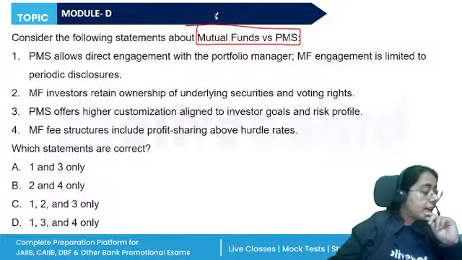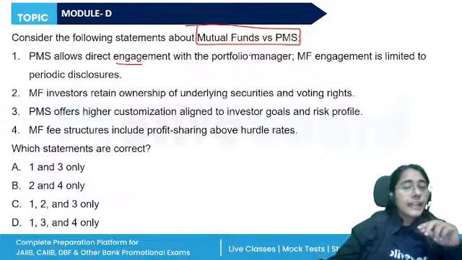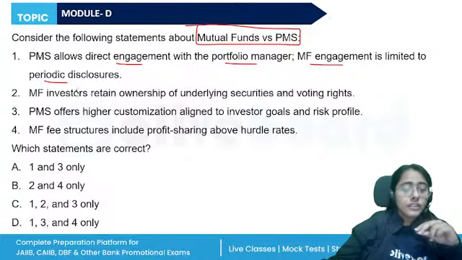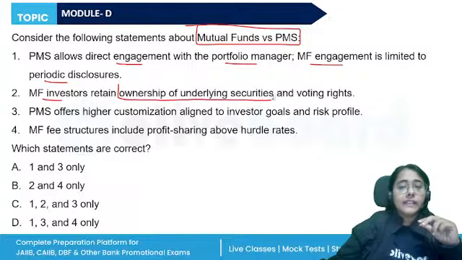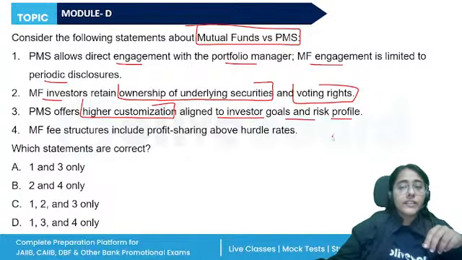Consider the following statements about mutual fund versus portfolio management. What is the difference between mutual fund and portfolio management services? PMS allows direct engagement with the portfolio manager, and the mutual fund engagement is limited to the periodic disclosures. Mutual fund investors retain ownership of the underlying securities and they have voting rights. The PMS offers higher customization aligned to the investor goals and risk profile.